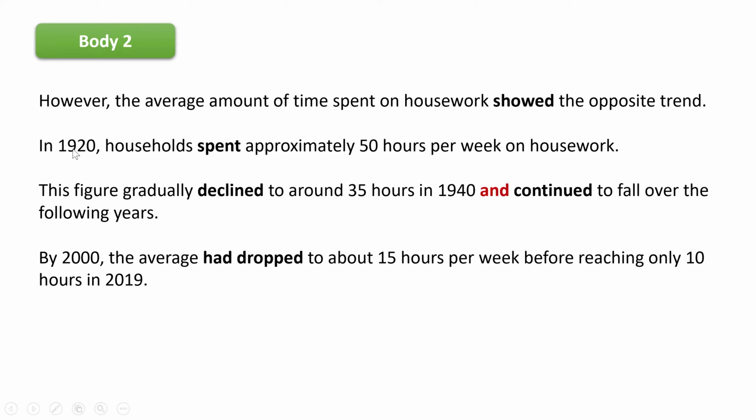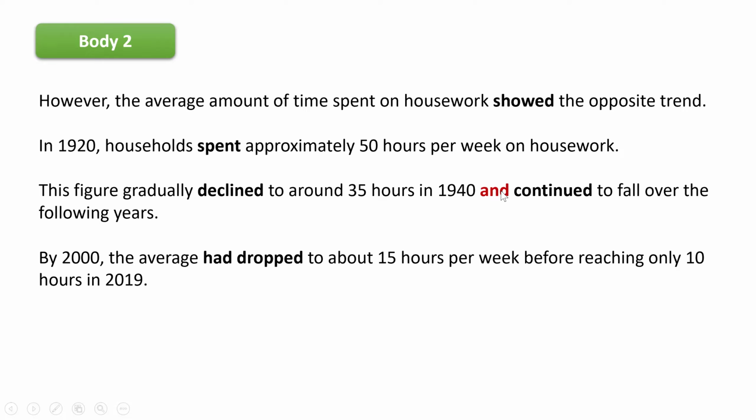Nah, di sini kalimat yang kedua, households spend. Ini menghabiskan approximately 50 hours per week on housework. Kemudian kalimat yang ketiga, this figure gradually decline. Nah, ini kata kerjanya to around 35 hours in 1940.